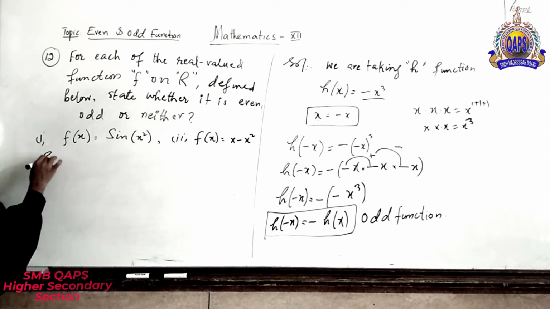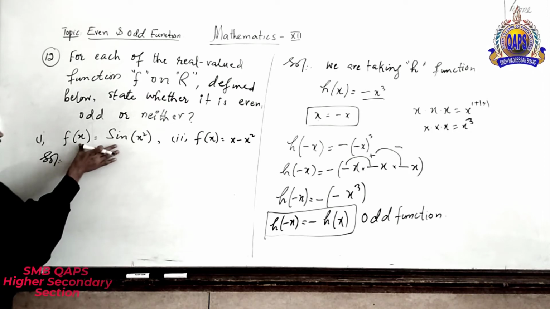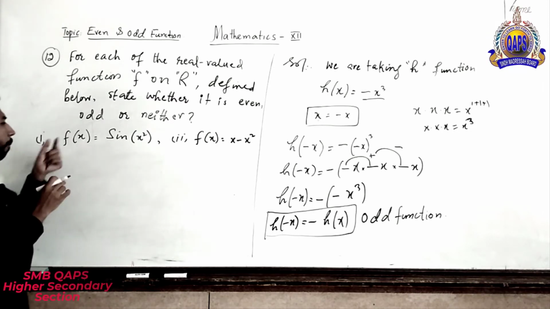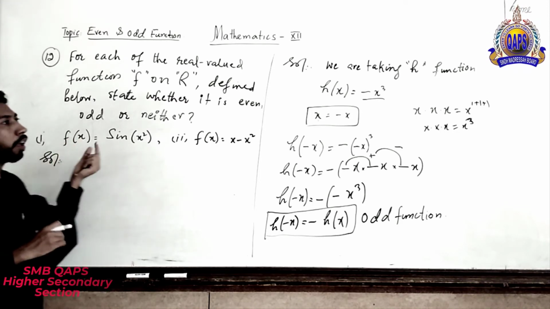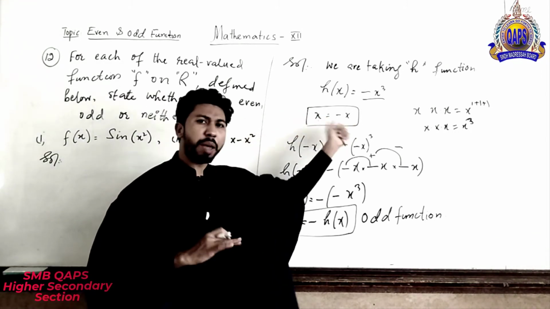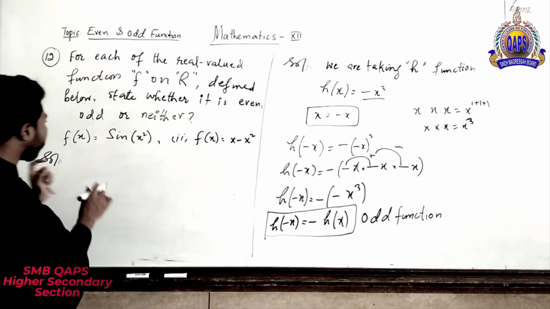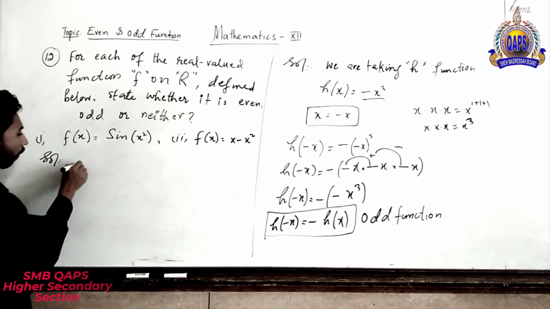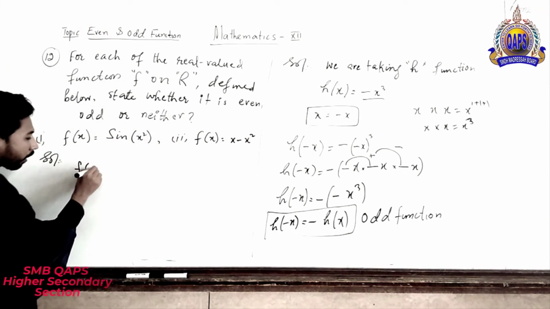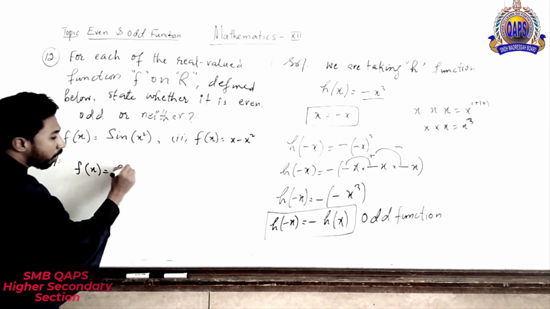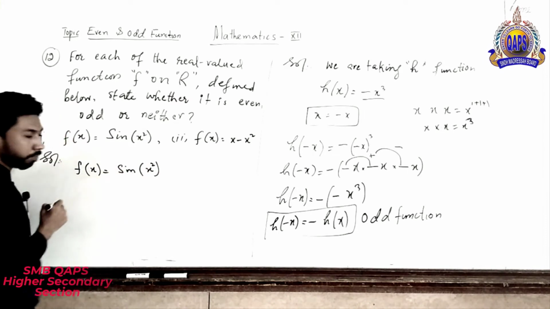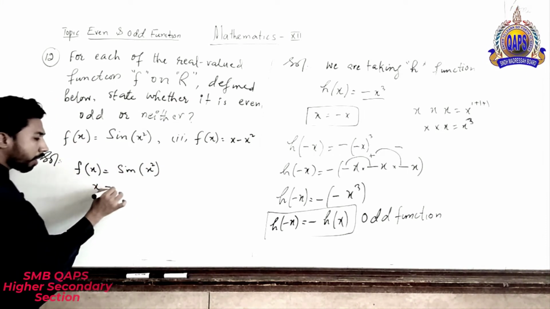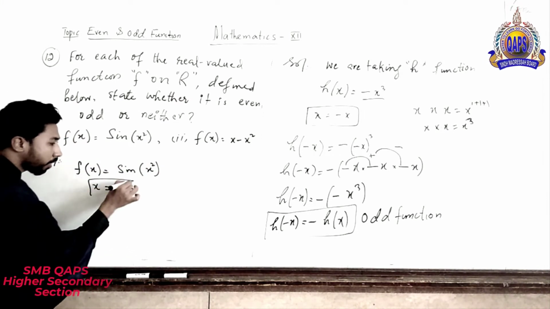Solution here: just put minus x in the place of x. So f of x is equal to sin x square, and we put negative x in the place of x.